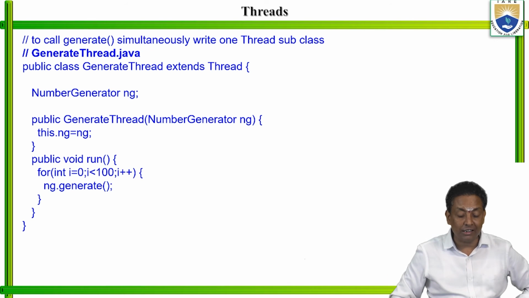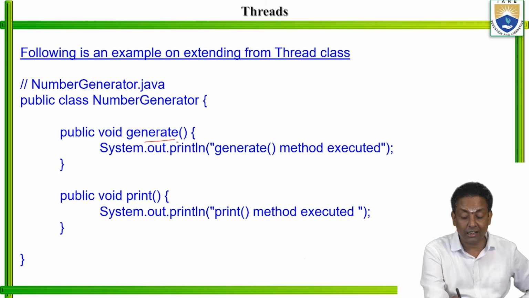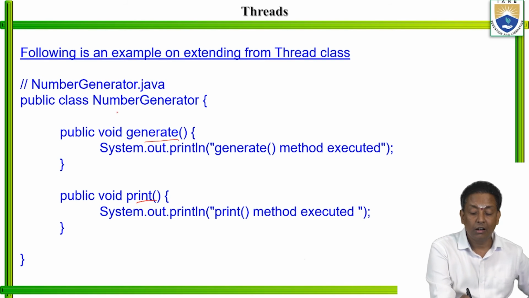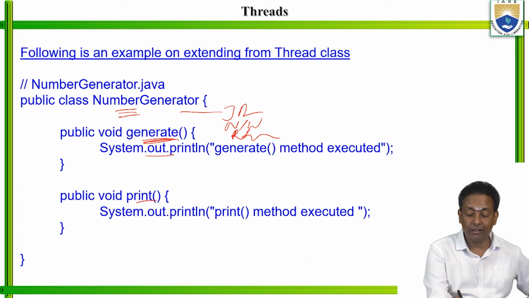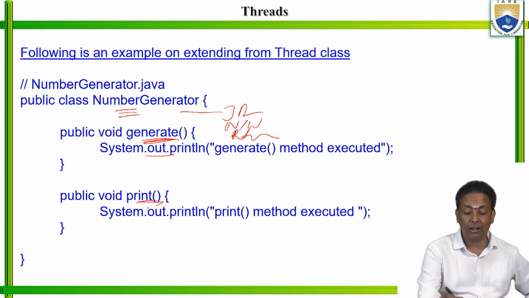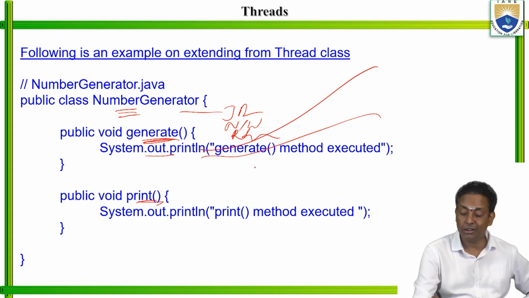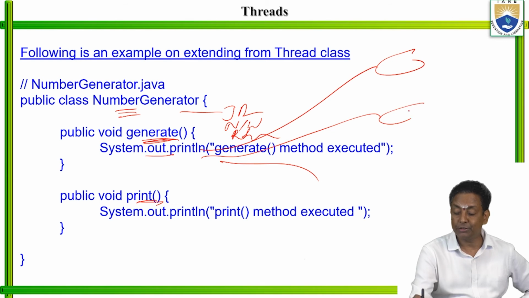But the logic written inside the generate method and print method uses some class instance variables, like JDBC connection objects, network connection objects or remote connection objects through which these methods are implemented. They call network methods, remote methods, web service methods, mobile methods.